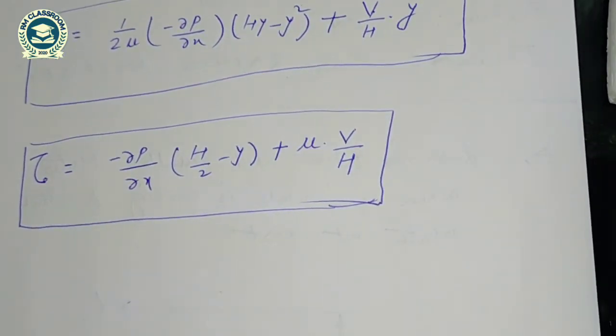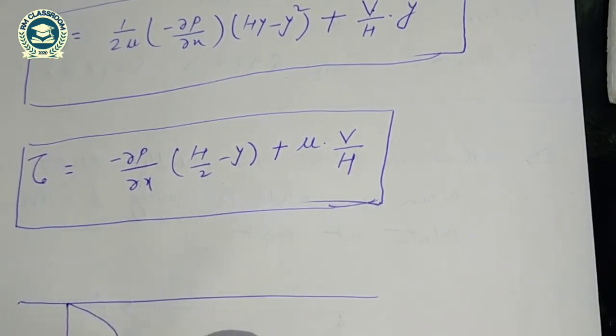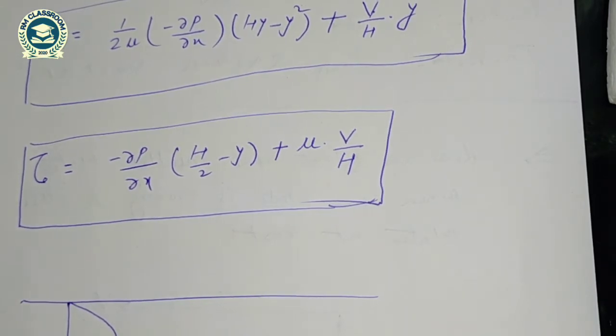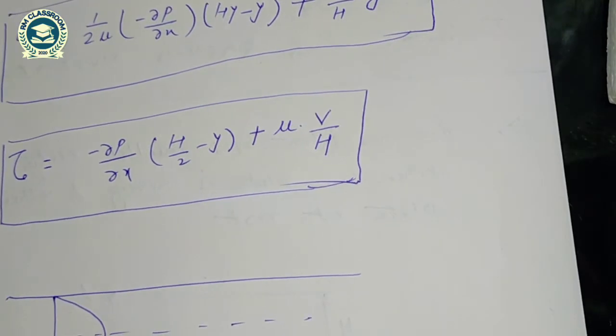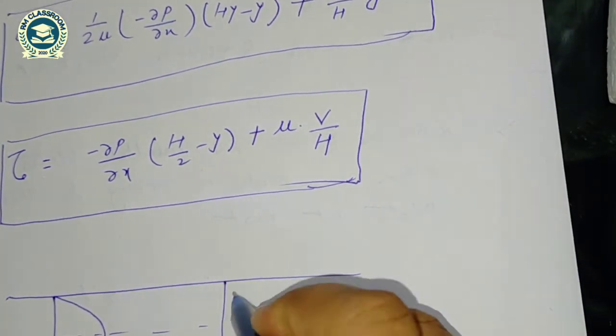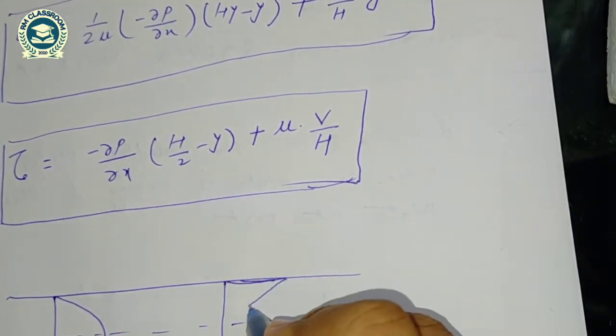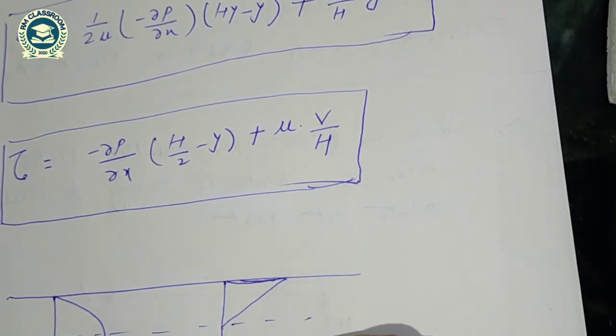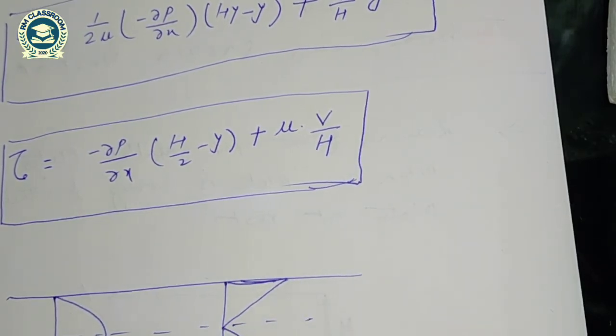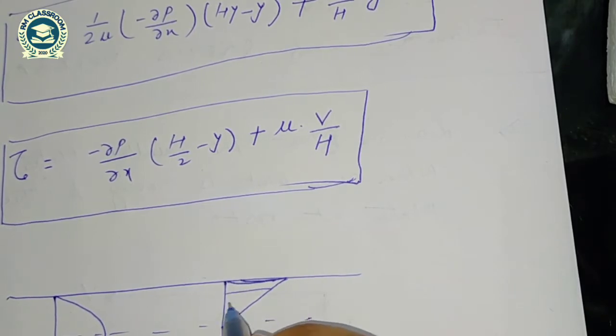So if I draw the distribution of velocity and shear stress for this, this is our velocity, and similarly the distribution of shear stress is this one.